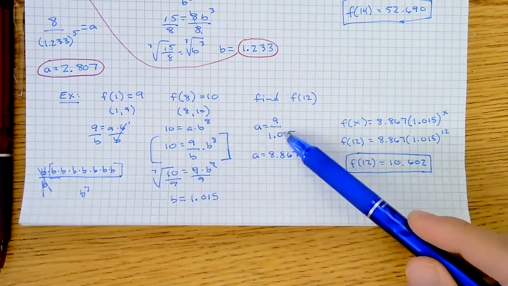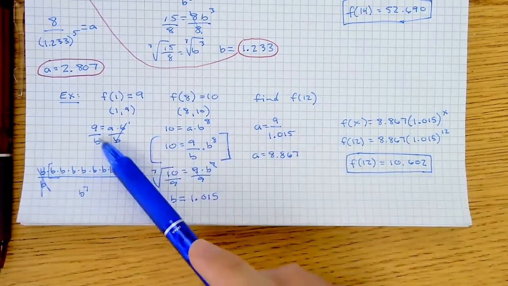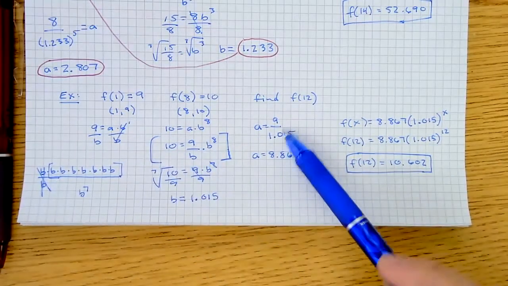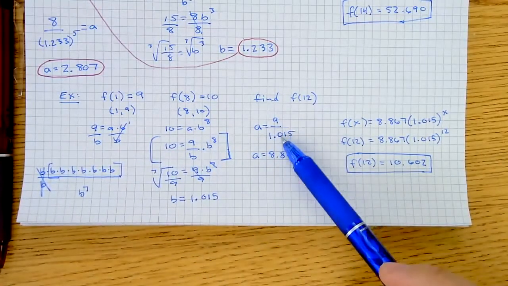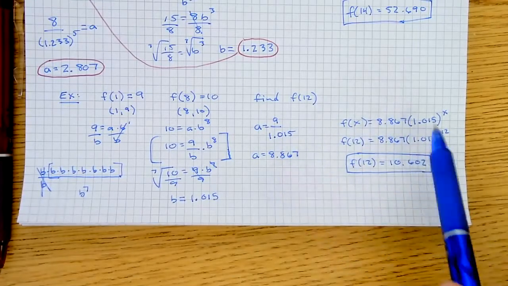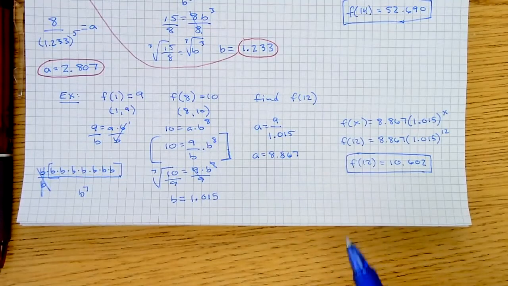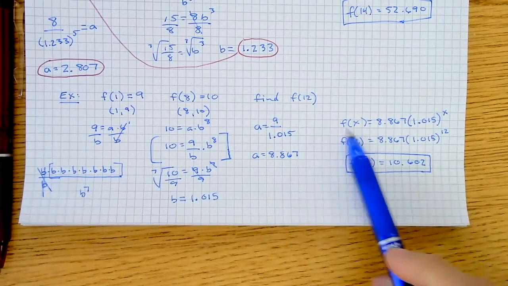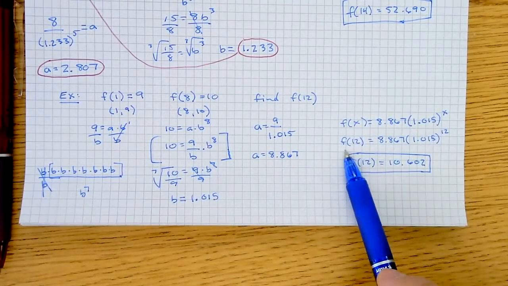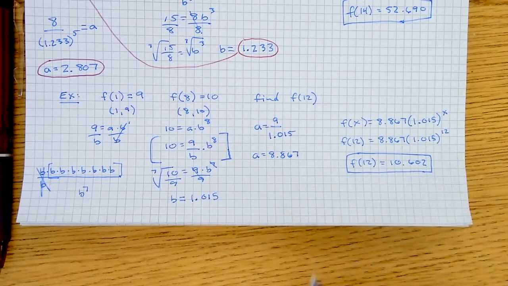Plug it back in for b over here, which I rewrote over here. So a equals 9 divided by 1.015. Should give you a value of 8.867 for a. Write my equation, and then finding f of 12 comes out to be about 10.602.